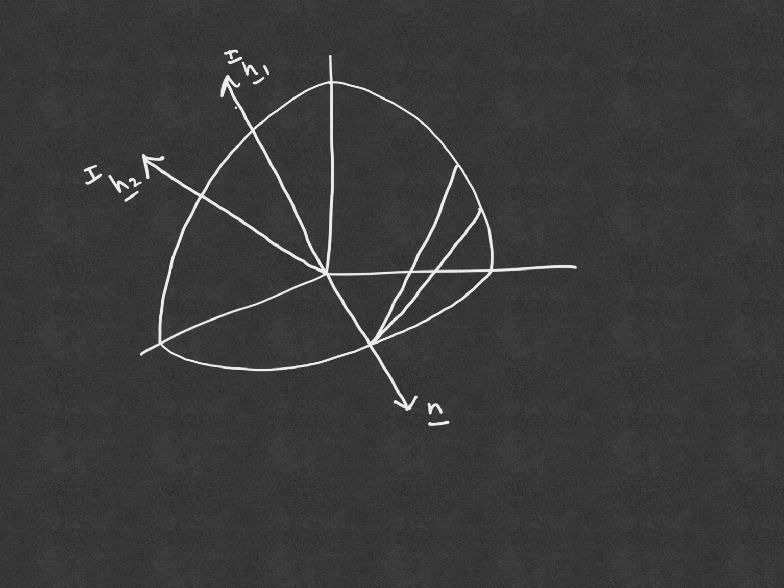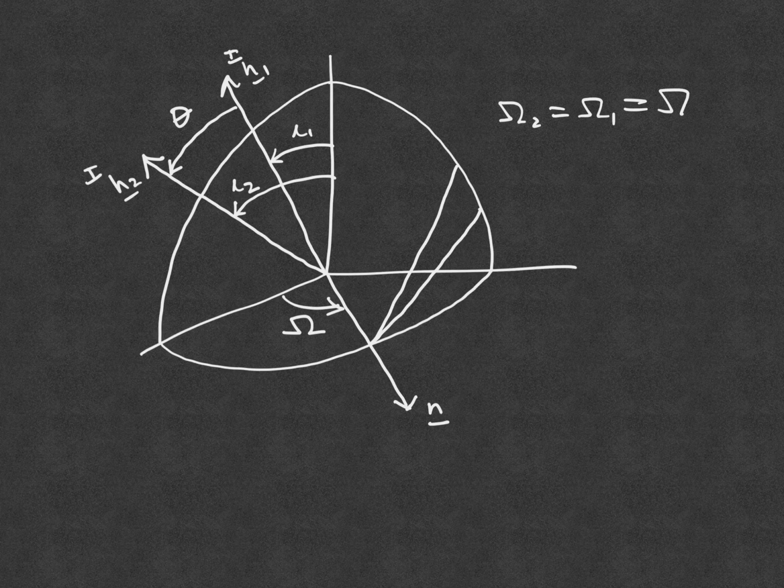Now the angle between these two angular momenta is theta, and the inclinations are I1 and I2. In this diagram, there's only one longitude of the ascending node, because omega 2 is equal to omega 1, which is just equal to omega. And in this diagram, we wind up with theta equals I2 minus I1.